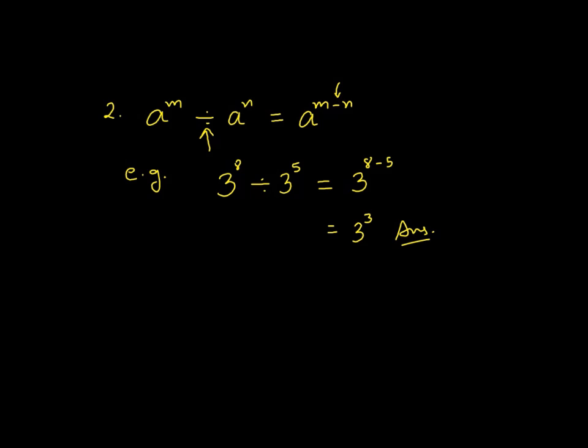In the same way, 4 raised to power 9 divided by 4 raised to power 2 will become 4 raised to power 9 minus 2, that is 4 raised to the power 7.